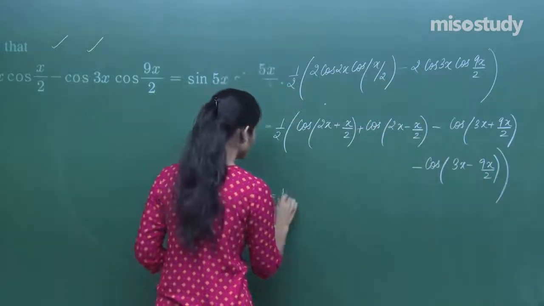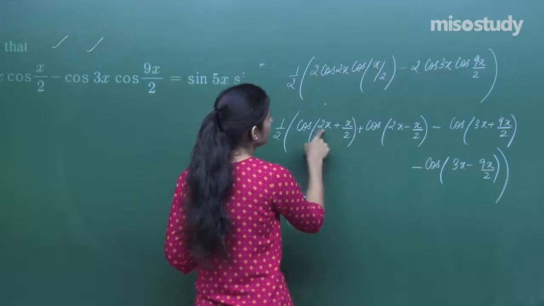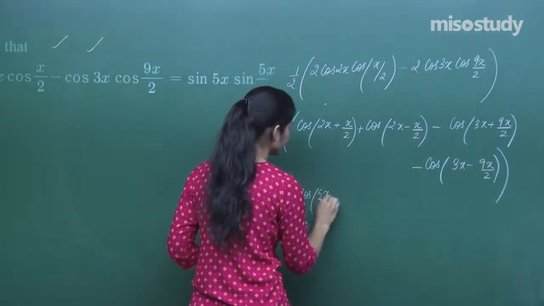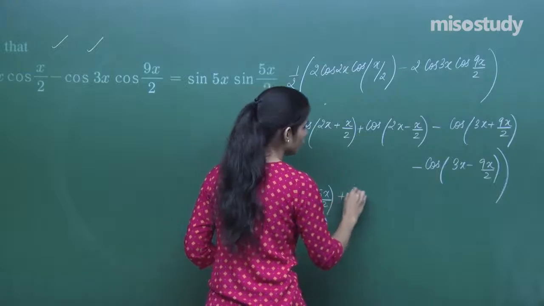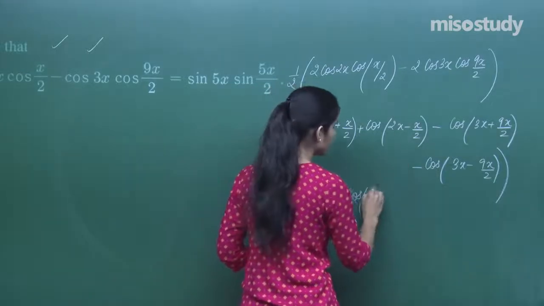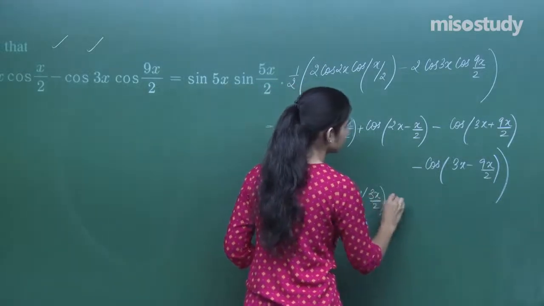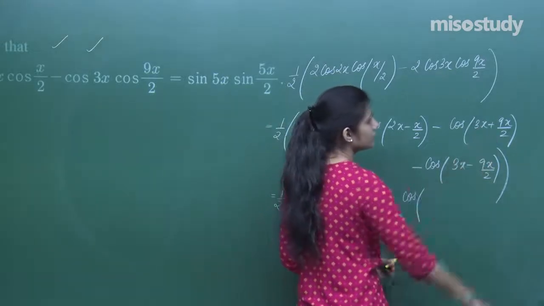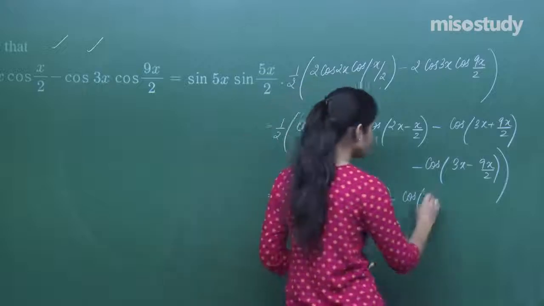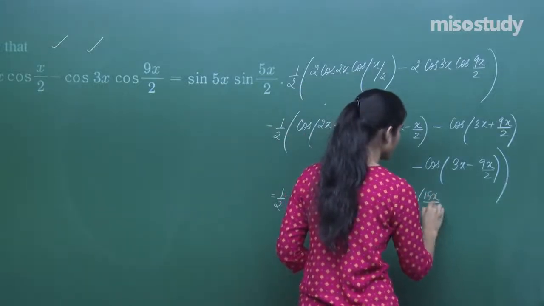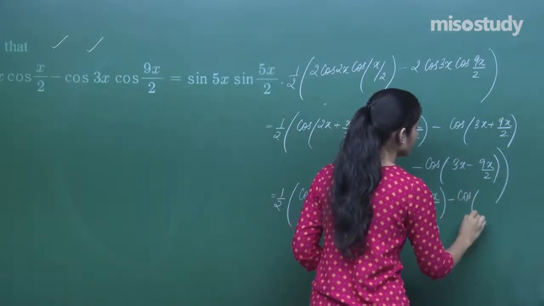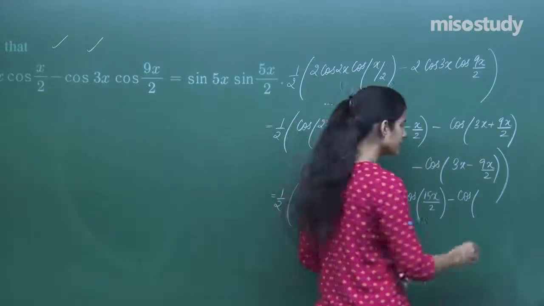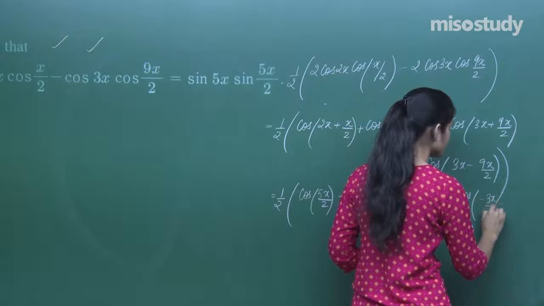Resolve this out, you get 1/2. This is 4x plus x, 5x/2, plus cos of, this is 4x minus x, 3x/2, minus cos of 3 into 2, 6, 6 plus 9, 15, 15x/2, minus cos of 6, 3 into 2, 6, 6 minus 9 is minus 3, so minus 3x/2.